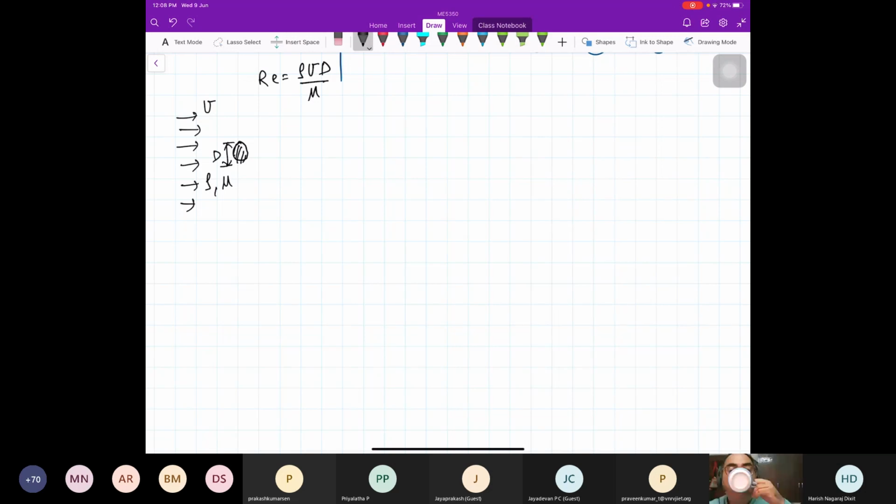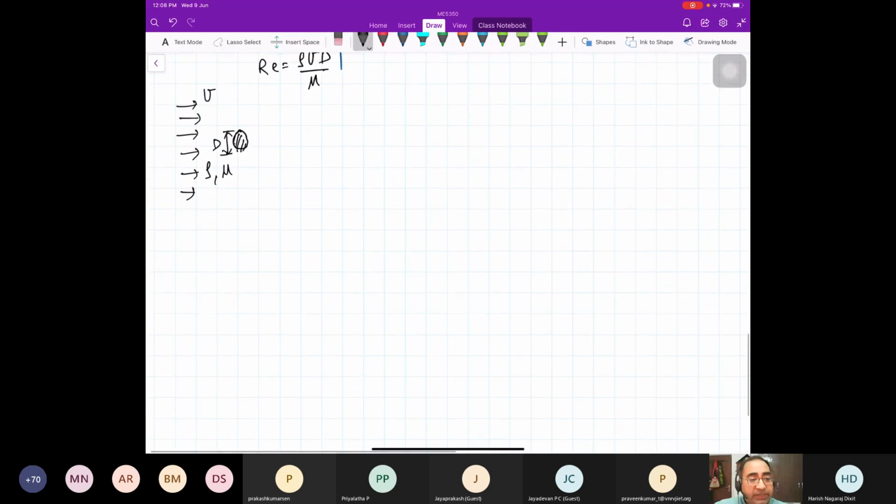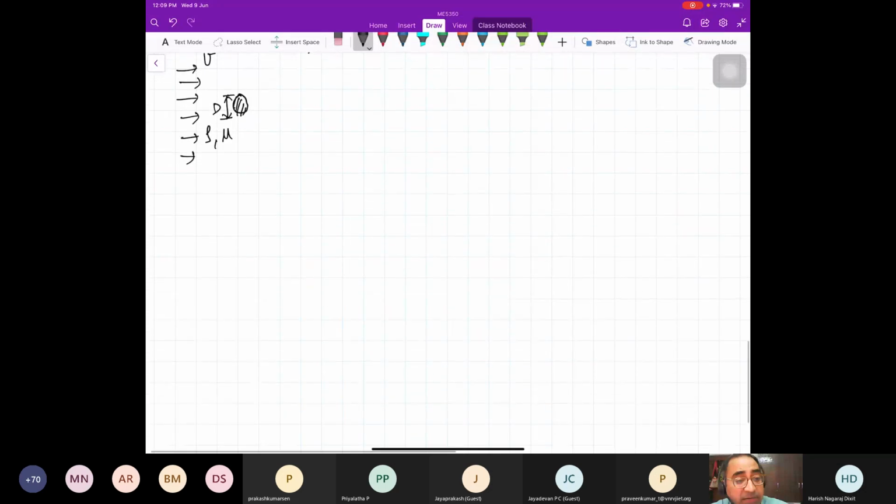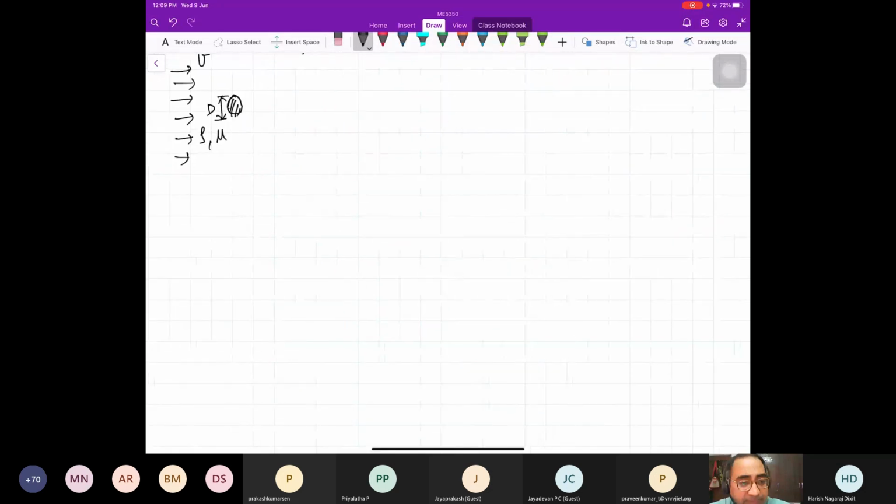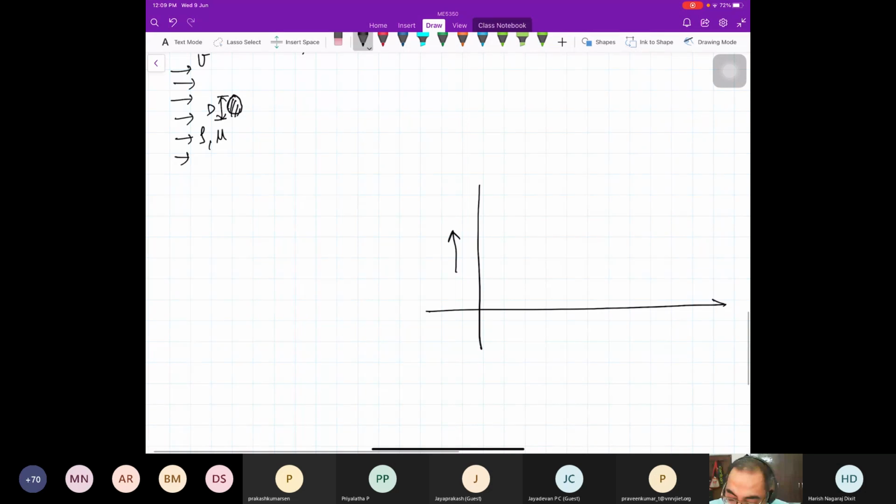Now, if you do this at very low speeds, if the Reynolds number is below a critical value, then any disturbance that is created will die out. Even if you create a large scale disturbance, like you shake the entire body or do anything, the disturbance will die out. So below a critical Reynolds number, horizontal is Reynolds number, vertical is the growth rate.